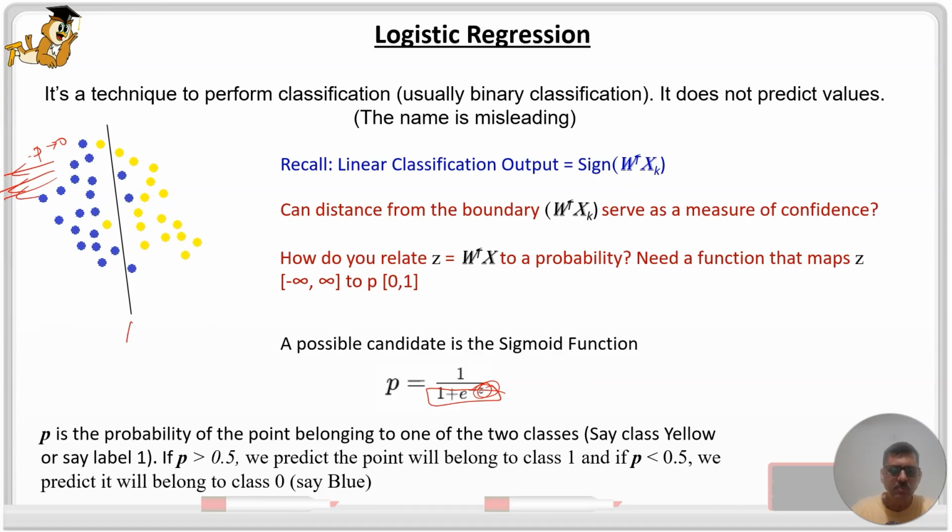So this is P equal to 0.5. Your separator is P equal to 0.5. On this side, you have P going from 0.5 tending closer to 1, and on this side you have P tending to 0. So this is how this sigmoid function is going to behave.